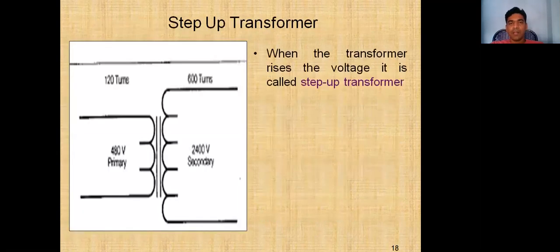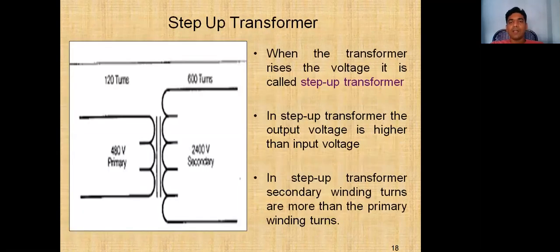When the transformer raises the voltage, it is called a step-up transformer. In a step-up transformer, the output voltage is higher than the input voltage, and the secondary winding turns are more than the primary winding turns.